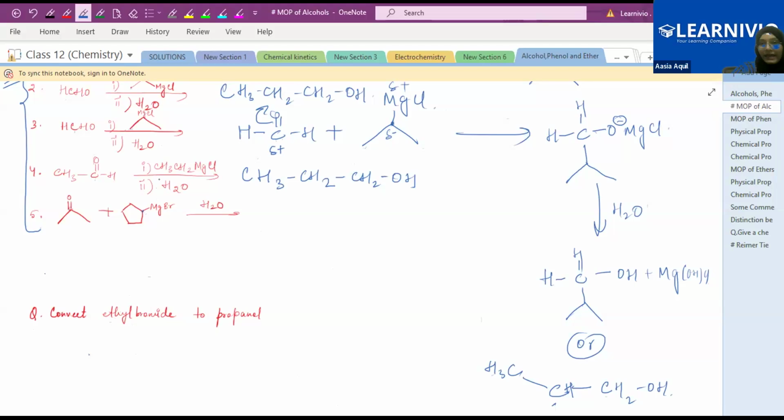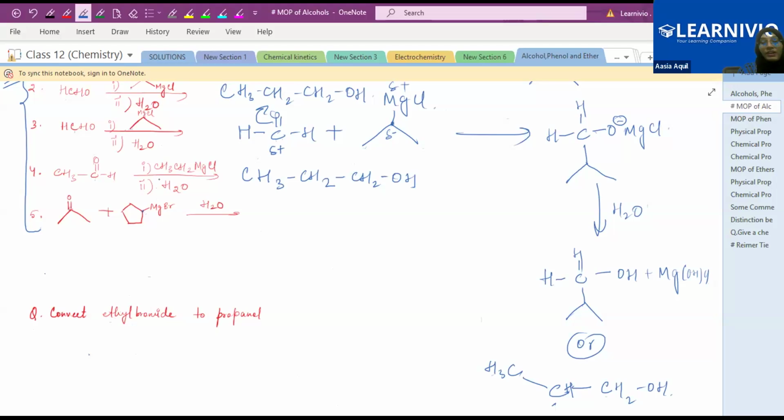Because see, as I told you, any aldehyde other than formaldehyde, on treatment with Grignard reagent, will give you a secondary alcohol. And you said in your answer it's a primary alcohol, a propanol. The statement becomes wrong over here. Other aldehydes, when you treat them with the Grignard reagent, will always give a secondary alcohol.